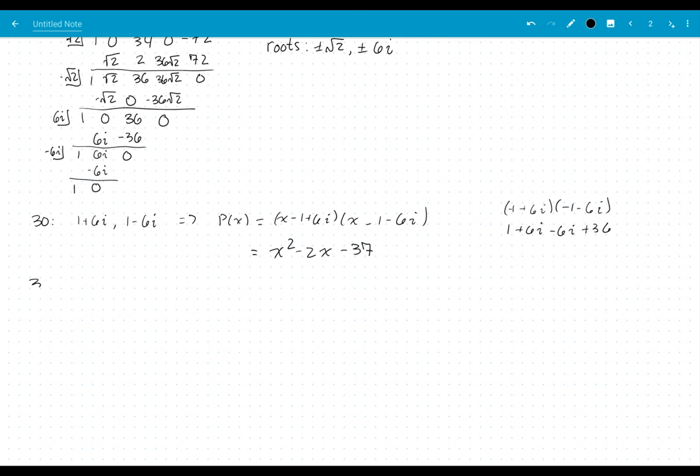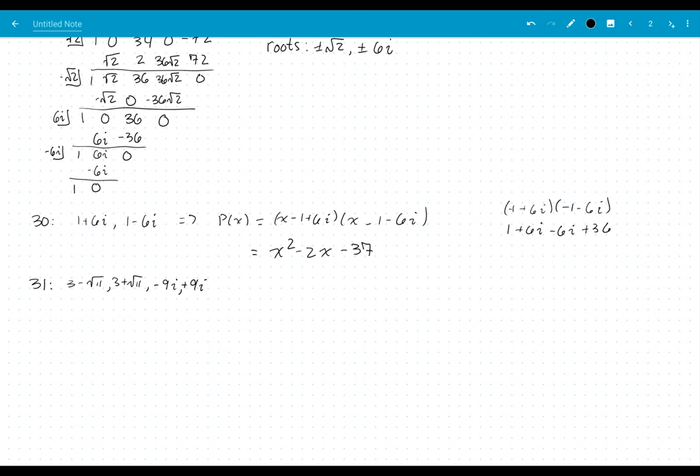And then we have number 31, which is a polynomial of degree 4. And the zeros are 3 minus the square root of 11 and negative 9i. So we know if we have the zero 3 minus the square root of 11, we need 3 plus the square root of 11. And then we know we have negative 9i, so we need plus 9i.